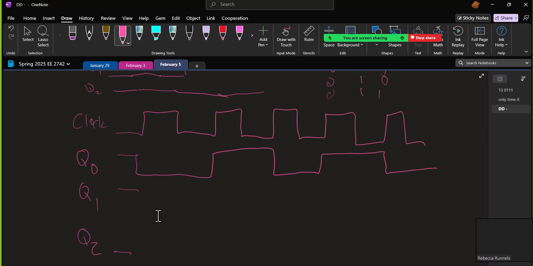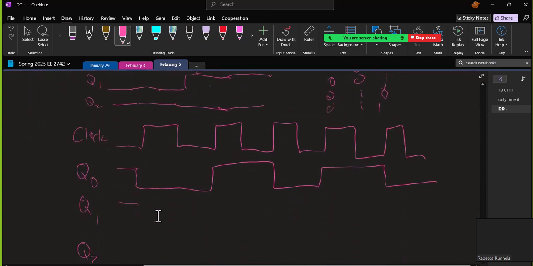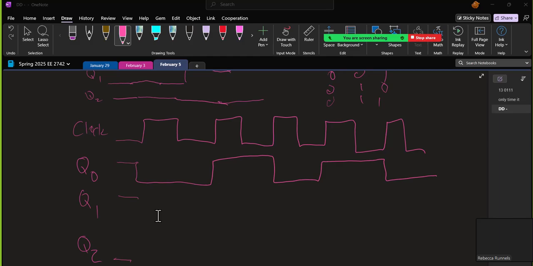Now, Q1 has as its input the not of Q0, so the clock for Q1 is the not of Q0. So it's going to have a positive edge whenever Q0 goes from 1 to 0.